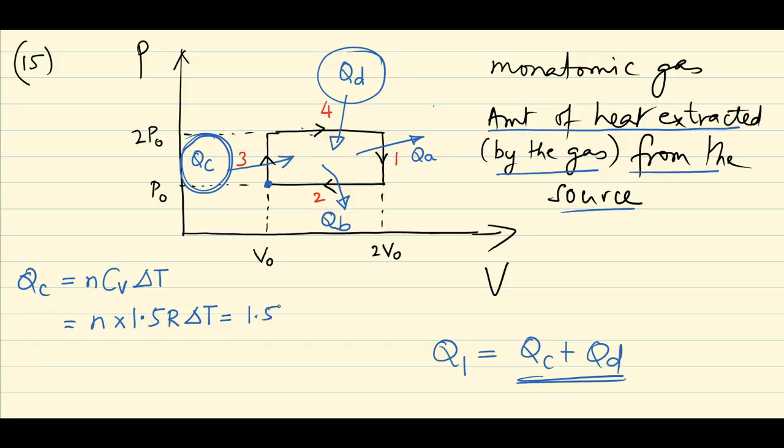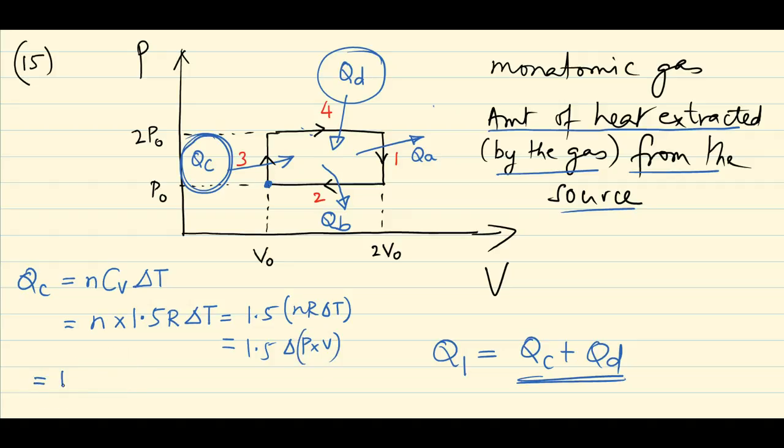We say it's 1.5 into nR delta T, and we realize that since PV is equal to nRT always, therefore delta PV is nR delta T.